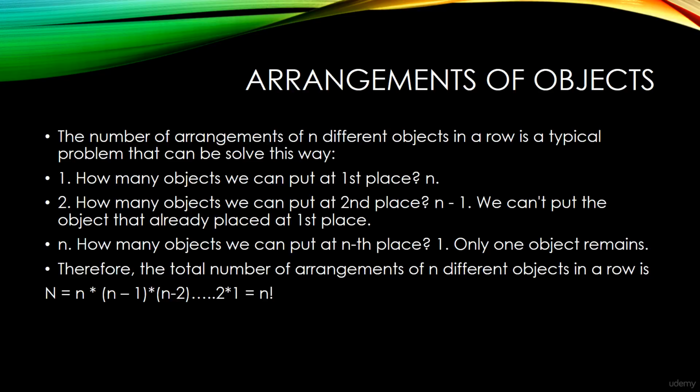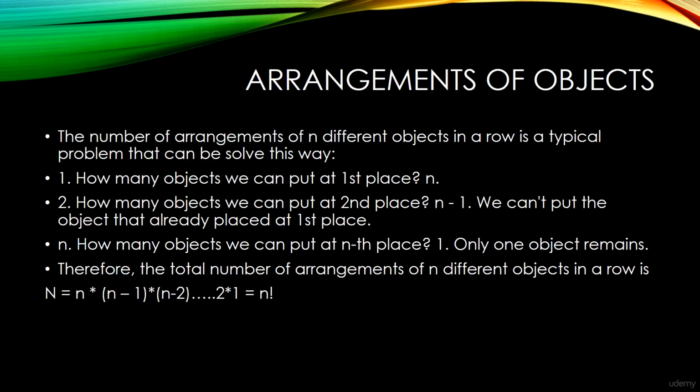The number of arrangements of n different objects in a row is a typical problem that can be solved this way. How many objects can we put at first place? N. How many objects can we put at second place? N minus 1. We can't put the object that already is placed at first place. And so on till n.